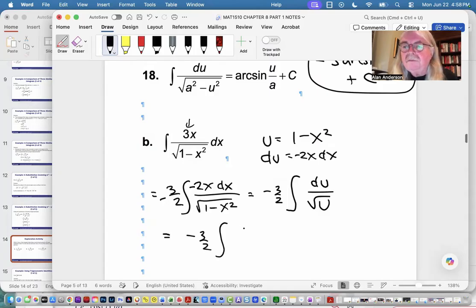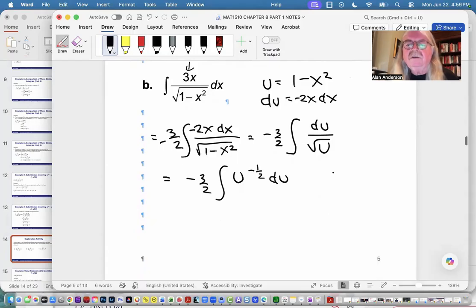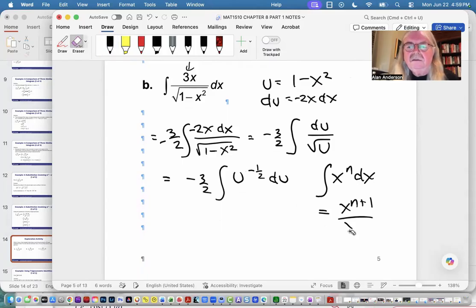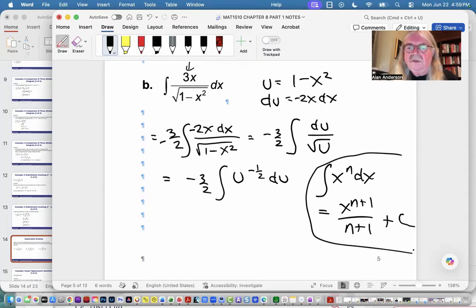So 1 over radical u is, and of course, based on the power rule for integrals, we can write this as minus 3 halves. So now we're going to add 1 to negative 1 half.